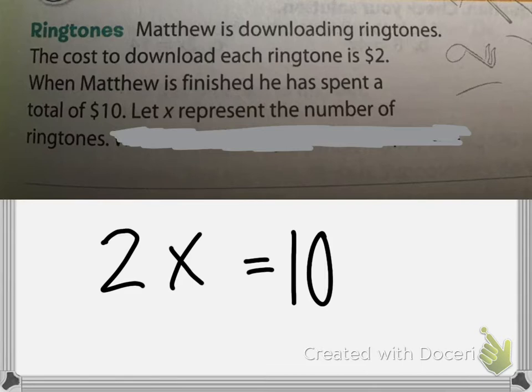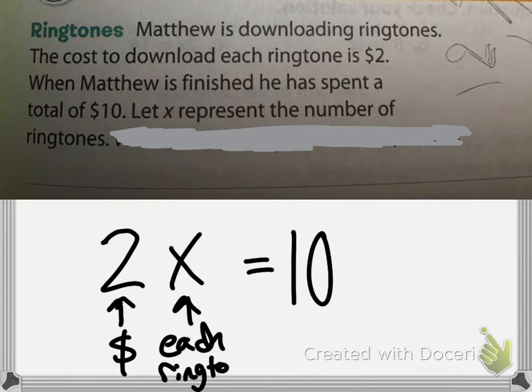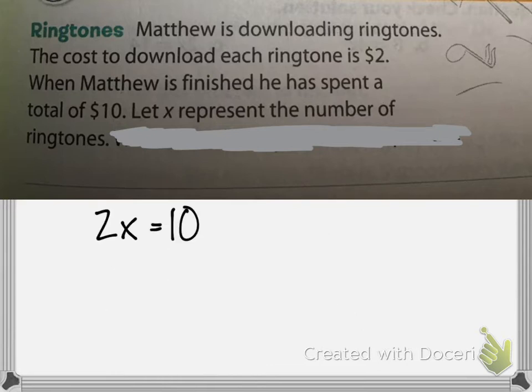Exactly. So this is the money, this is each ringtone, and that's the total. I love this question because I don't think any of you have ever heard about downloading and paying for ringtones. So we got our nice 2x equals 10.